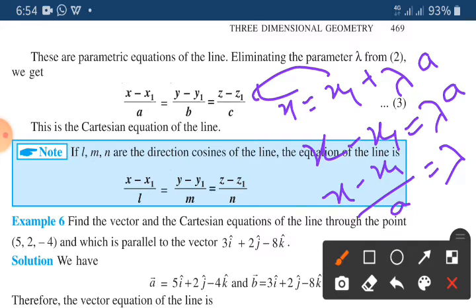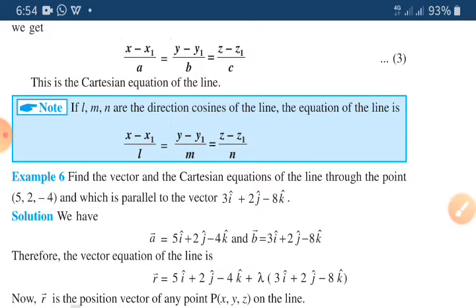Similarly, we can show that y minus y1 by b and z minus z1 by c are equal to lambda. So they are equal to the parameter lambda. So x minus x1 by a is equal to y minus y1 by b is equal to z minus z1 by c. This is the Cartesian equation of the line.